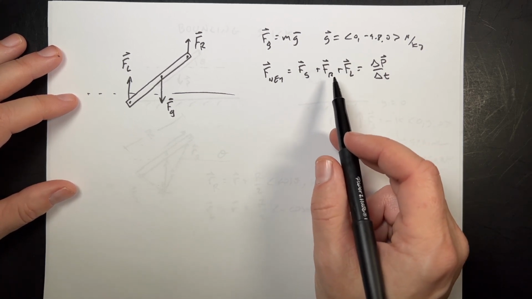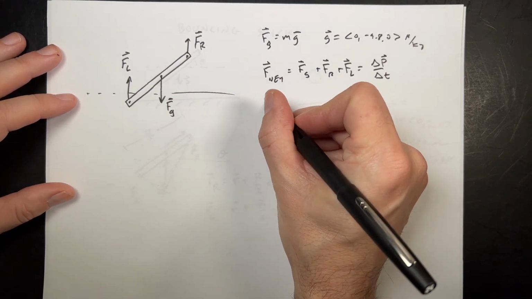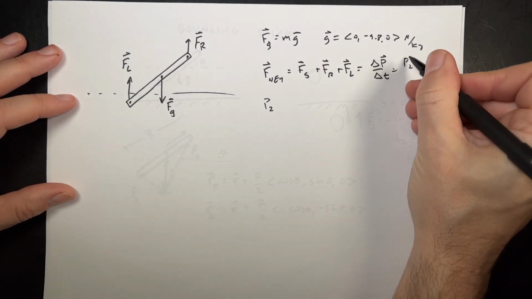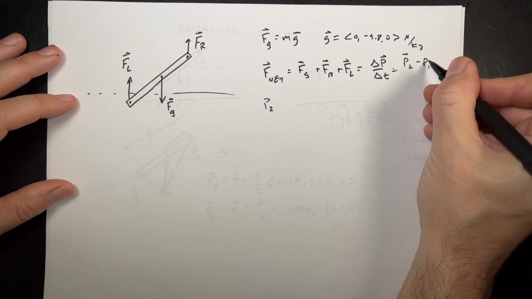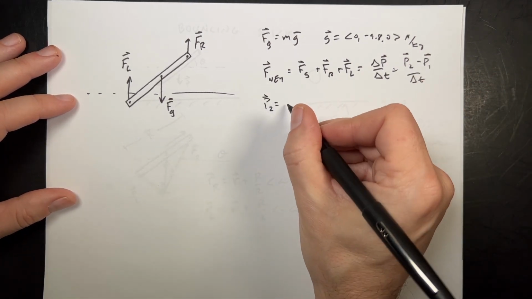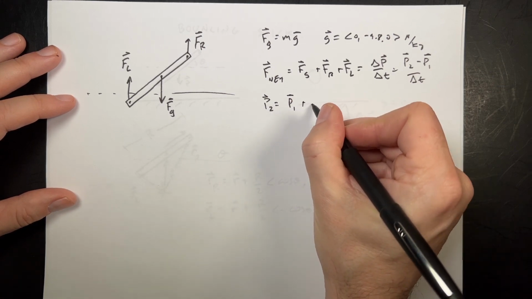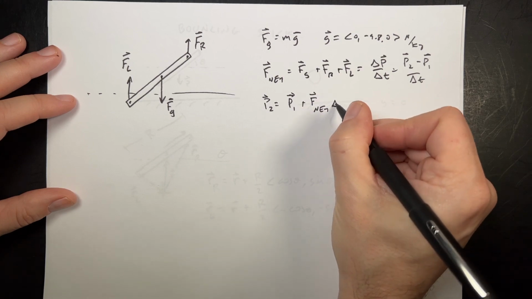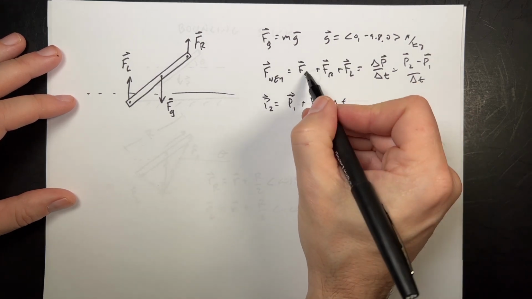And if the force is constant, then I use my momentum update formula, solving this: this is going to be P2, the final momentum, minus P1, the initial momentum, over delta T. And I'll say P2 is equal to P1 plus F, that's a vector, F net delta T.